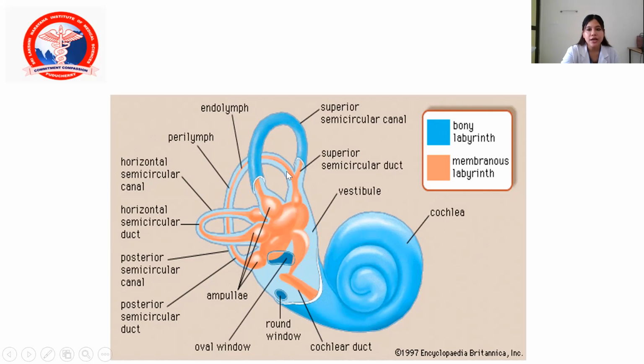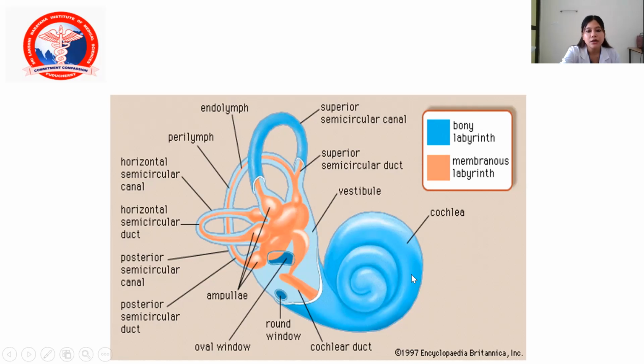They enclose the semicircular duct. Here the orange color denotes the semicircular duct. And this is the vestibule, which encloses the utricle and the saccule. Together they are called the otolith organ.